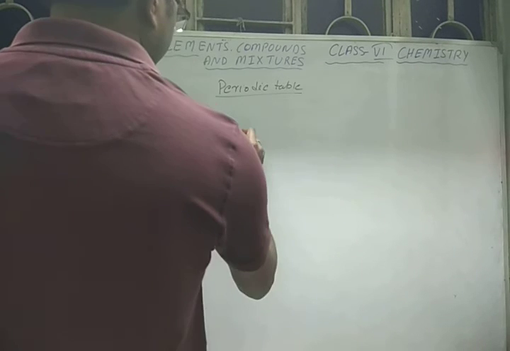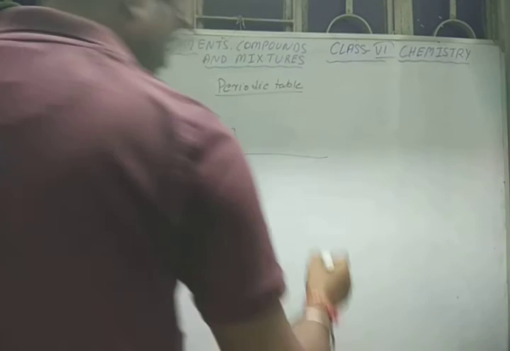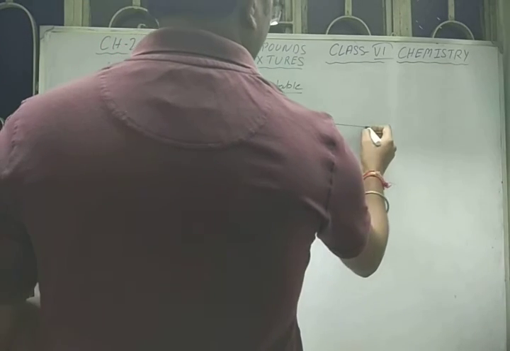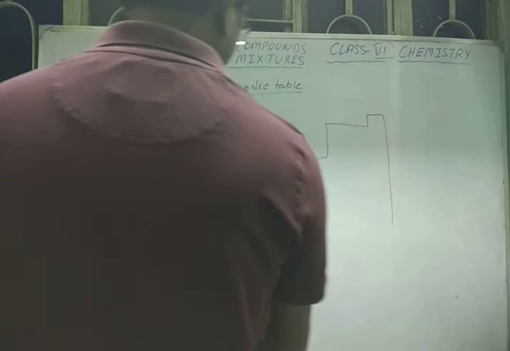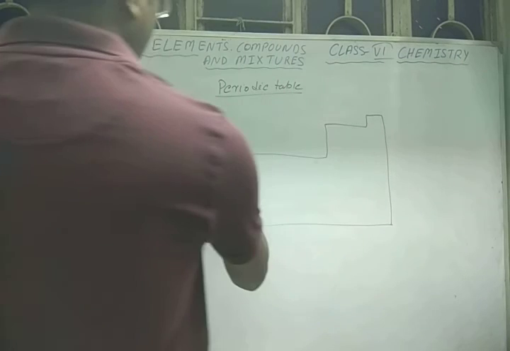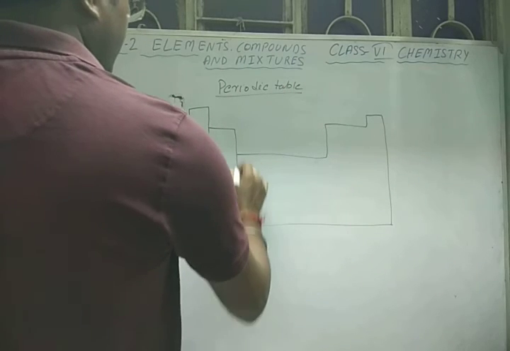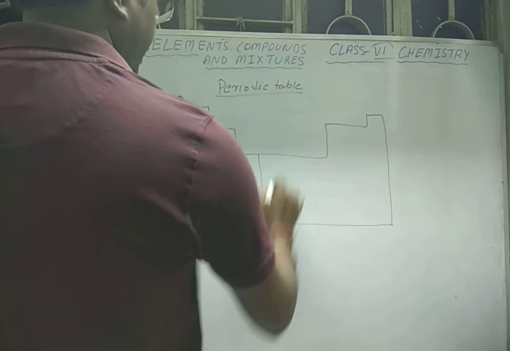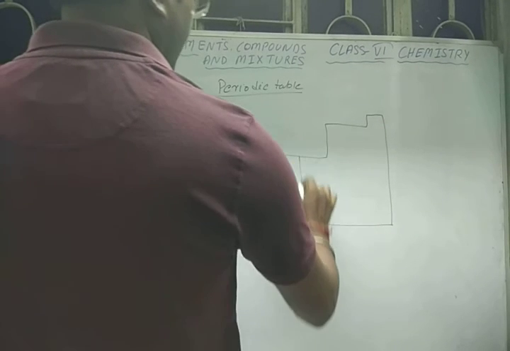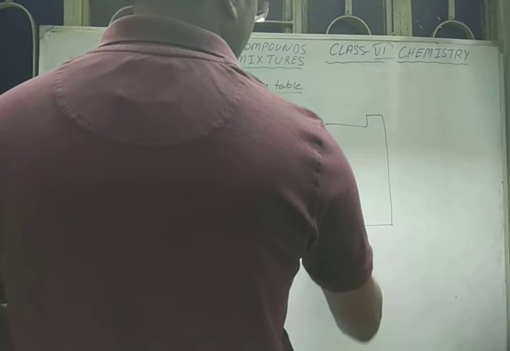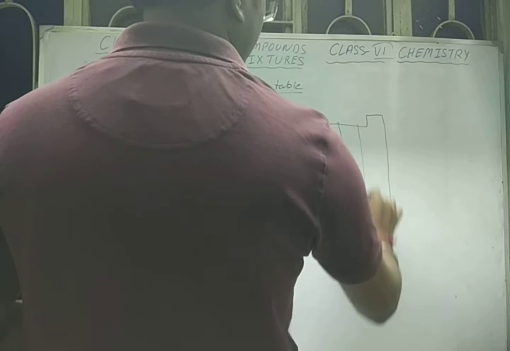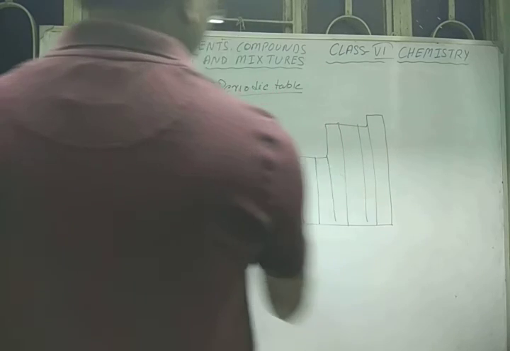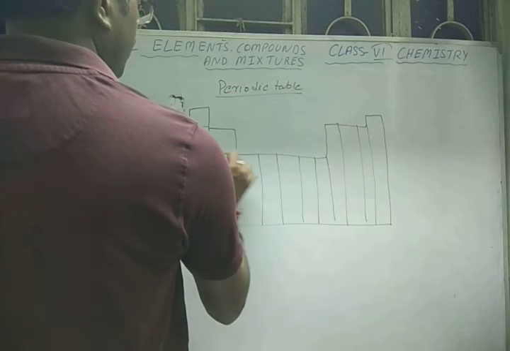It is somewhat like this. So you can see there are 18 vertical columns like this. And similarly they have some horizontal rows also here.